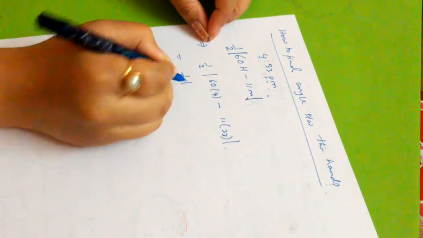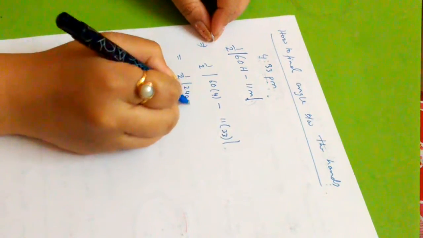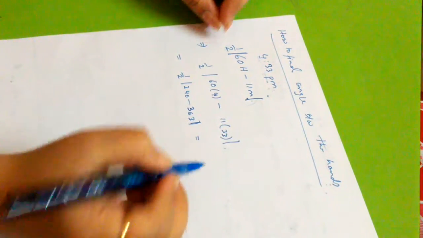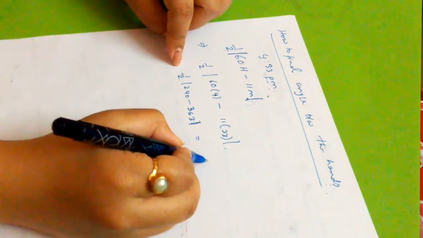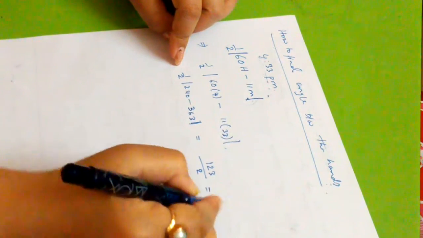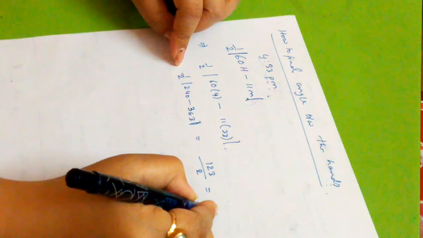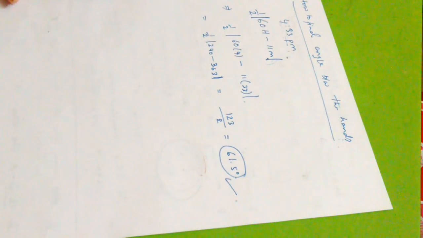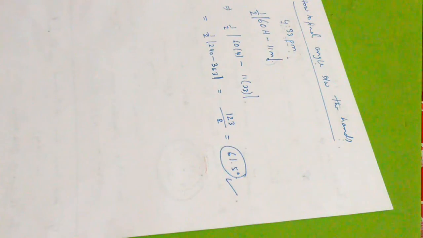After simplification, we get this, and if we subtract and remove the mod sign, we have the angle at 61.5 degrees. So this is the way to find the angle between the hands of a clock. I hope this video was useful to you. Thank you for watching this.